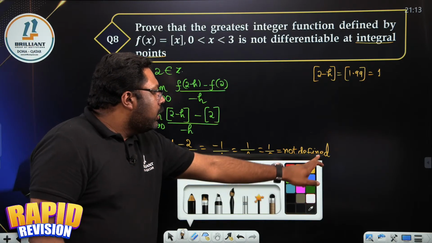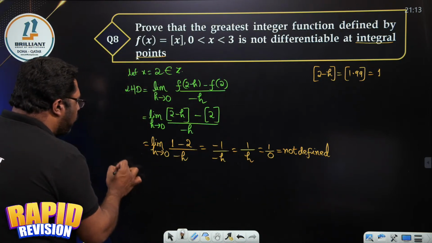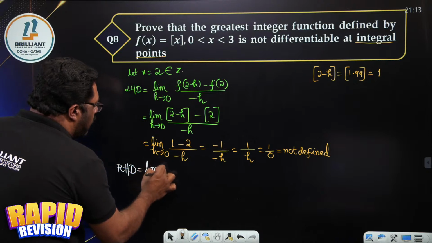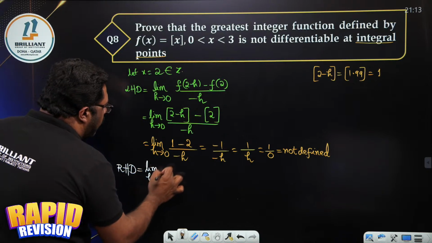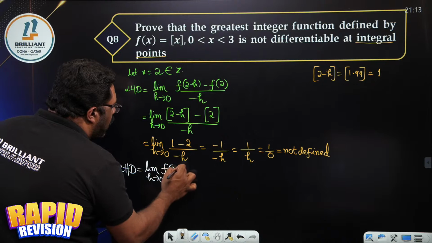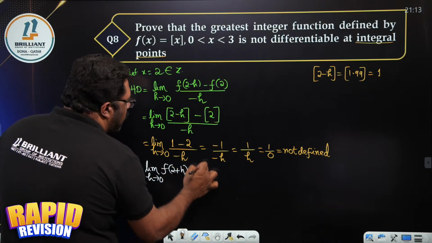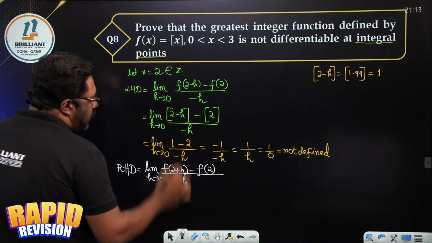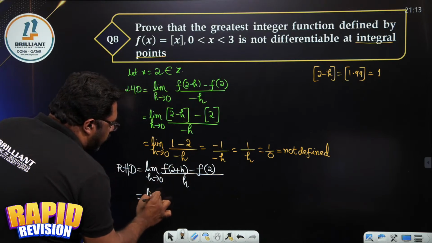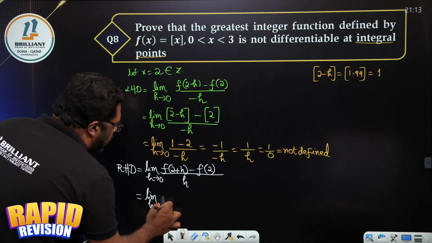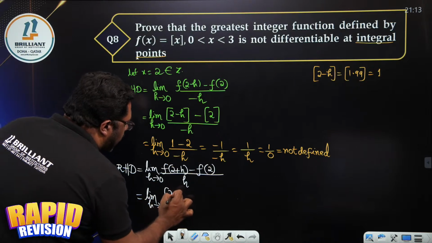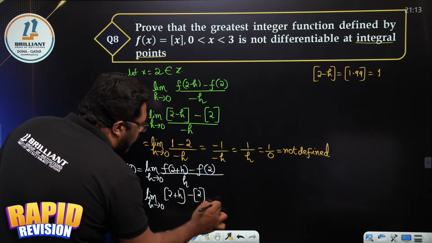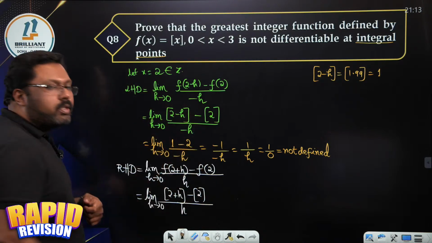Same process going for RHD, the right hand derivative. The formula is limit h tends to 0 of f of 2 plus h minus f of 2, divided by h, which is equal to limit h tends to 0 of the greatest integer of 2 plus h minus the greatest integer of 2, divided by h.